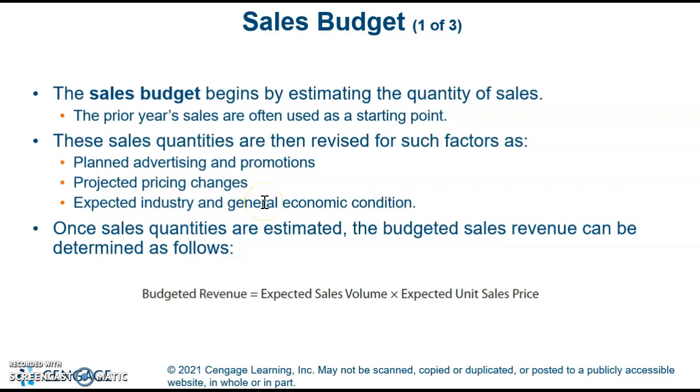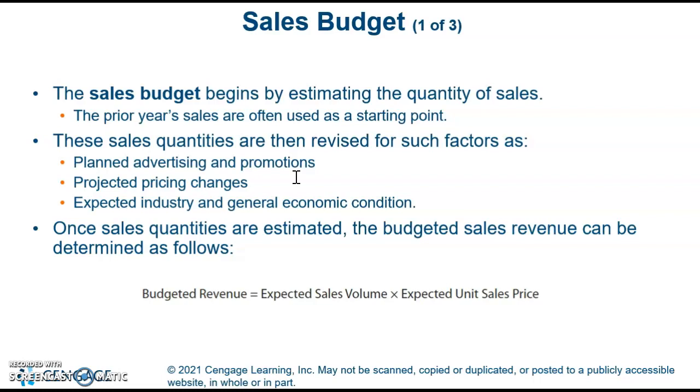So right now, over the past few years, we've noticed the COVID pandemic, which has changed a lot of things. So it would change our budget. We would have to reflect those changes. In some industries, COVID-19 may increase sales. So healthcare, masks, ventilators, your sales would be increasing.